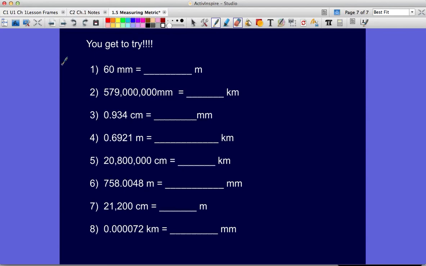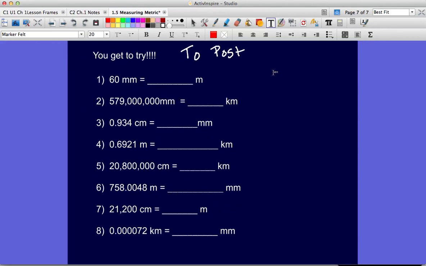Right, so for your assignment tonight on Edmodo, you are going to post your answers to the following 8 problems. And when you post, you don't have to write what the conversion was. You can just write the number and what your answer would have been. So for number 1, it's 60 millimeters to meters.